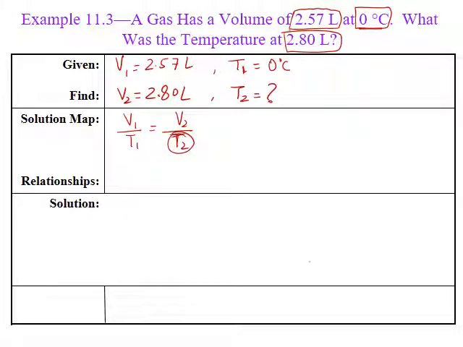If I divide both sides by V2, V2 is cancelled, and now I'm left with 1 over T2. So in order to get T2, I need to take the inverse of this, and this side will also get reversed. That gives me T2 equals V2 times T1 over V1.